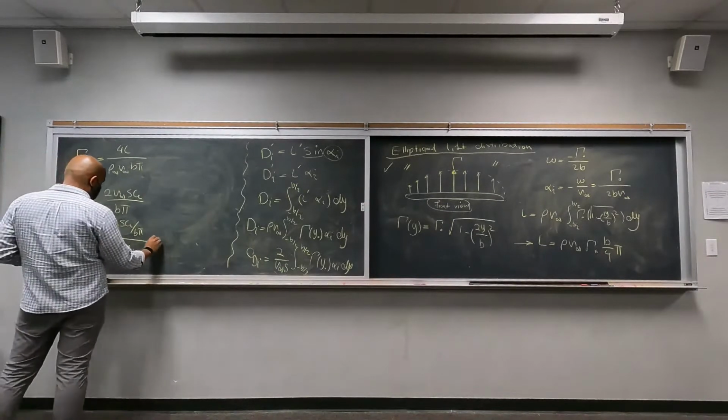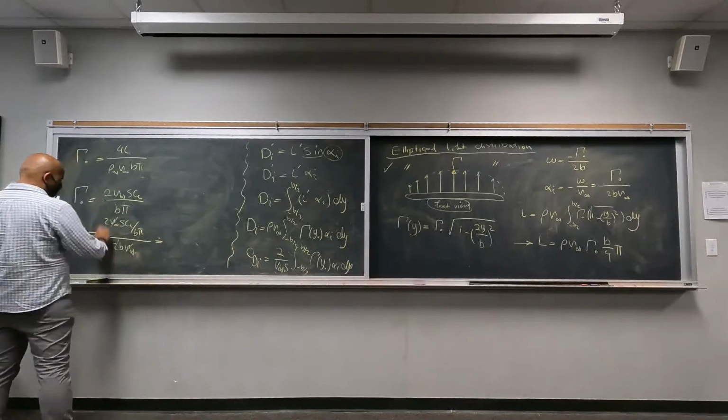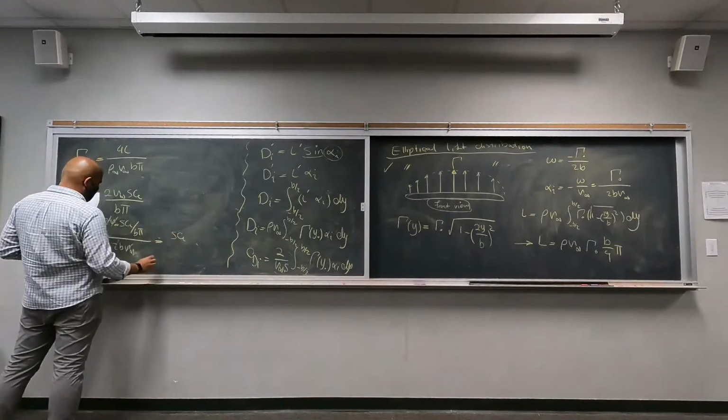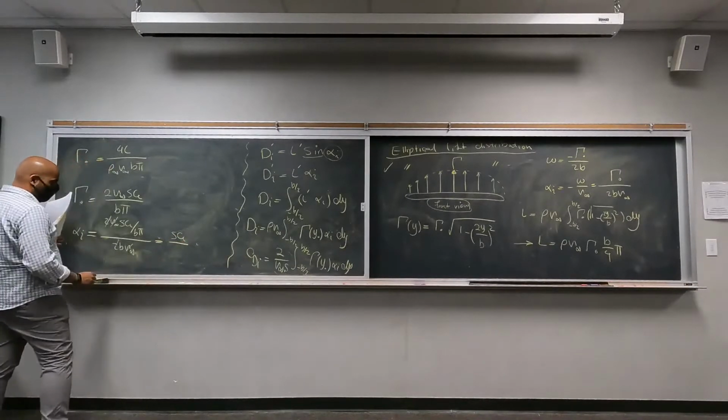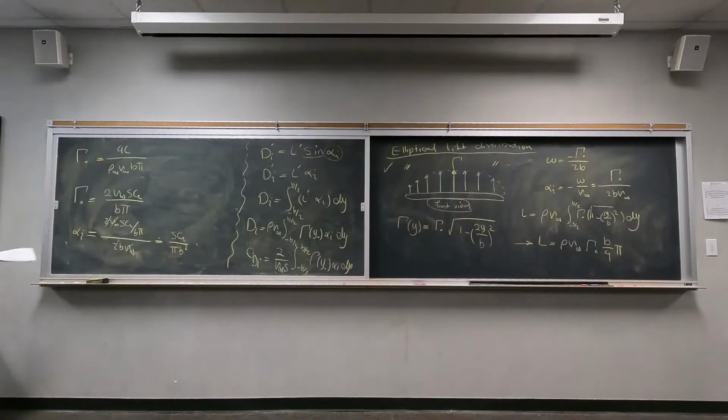So the v infinities will cancel out, and the 2's will cancel out. You're going to get S CL divided by pi b squared, right? Can we simplify this any further?